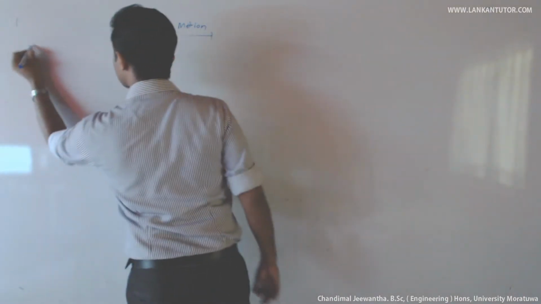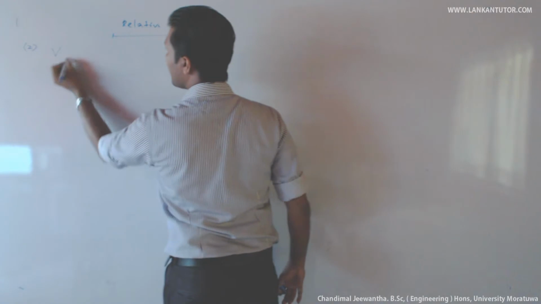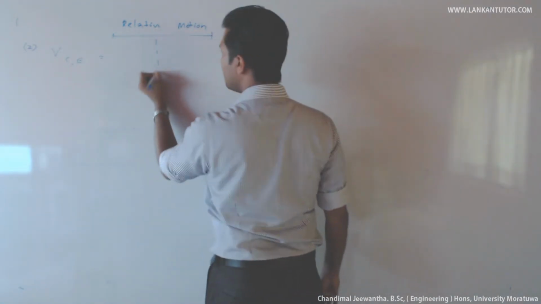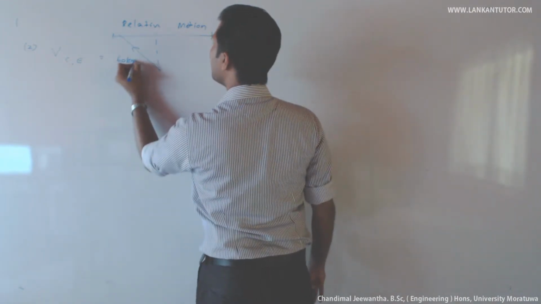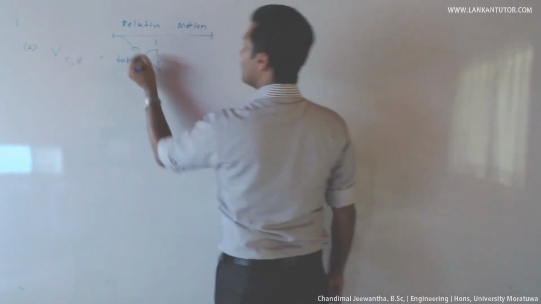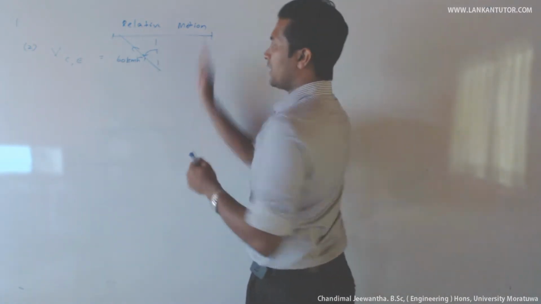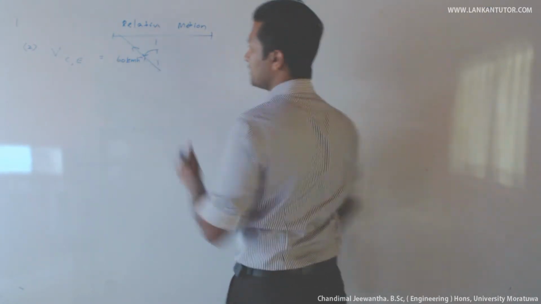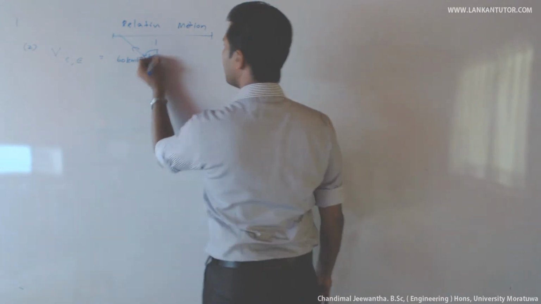Let's move on to the next example. You are given velocity of car relative to the earth as 60 kilometers per hour from the east towards west at an angle of 60.